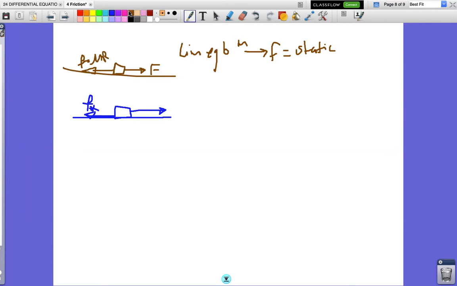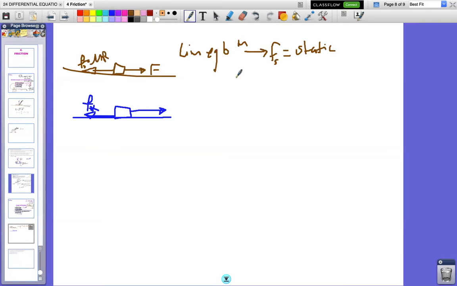This one is Fs, static friction, mu R. So what that sentence is telling you is that actually when this object starts to slide, the frictional force will decrease a little bit.